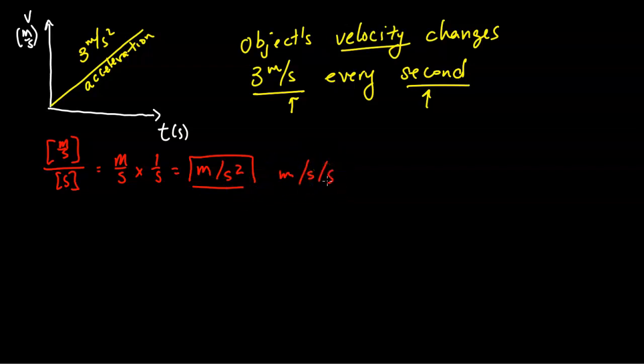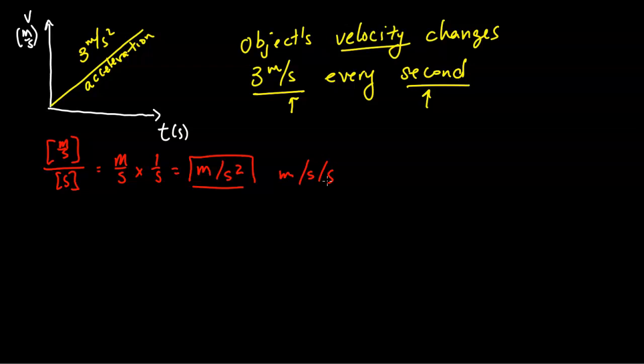What this is saying is that the velocity is changing a certain amount every second. If the acceleration was 3 meters per second squared, it's just saying that every second the velocity is changing by 3 meters per second. It could be a positive 3 meters per second squared or a negative 3 meters per second squared.